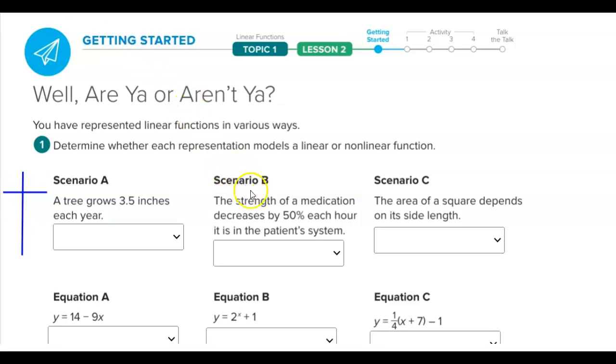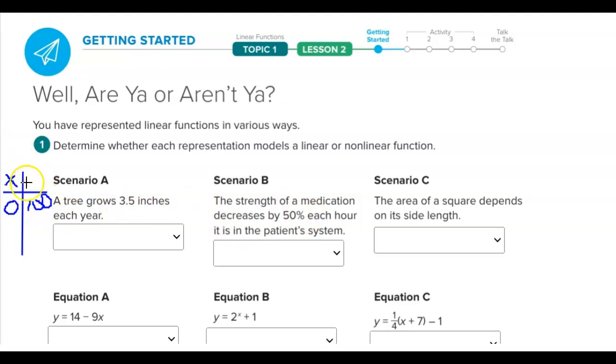So scenario B. In scenario B, you have hours. This column is going to be the number of hours since the patient took medicine. So at time 0, the medicine is at full strength. So at time 0, 100% of the medicine is in the patient's system. That's when you first took it.